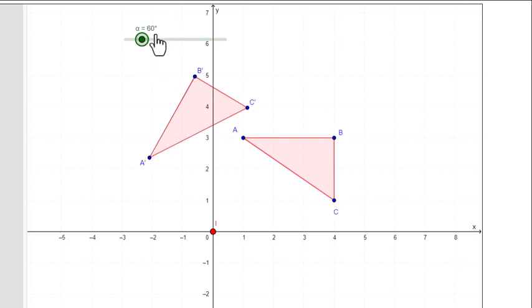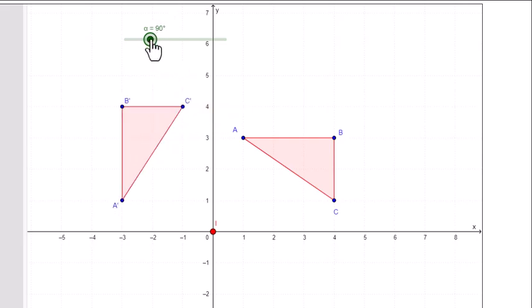And by the way, the reason why these are called 90-degree rotations is because if you were to draw a line from the original point to your point of rotation, and then draw another line to the corresponding point, the angle between those two lines would be 90 degrees. And so that's why it's called a 90-degree rotation.